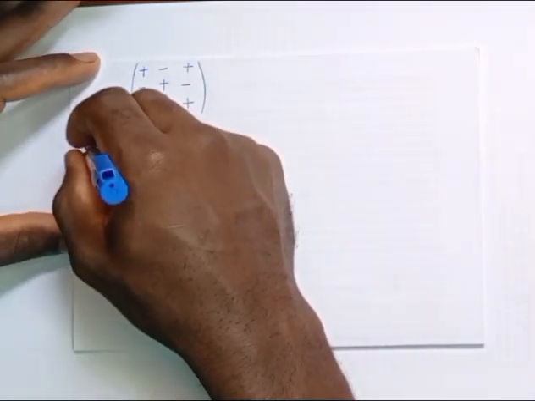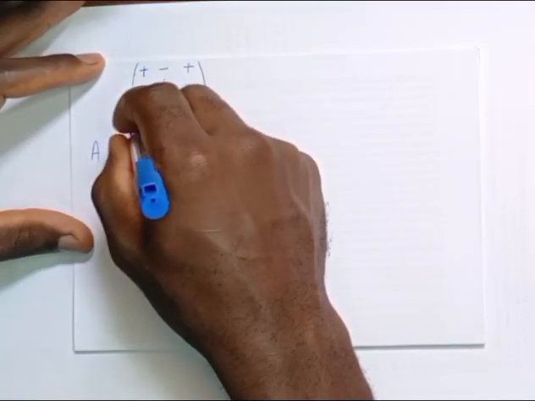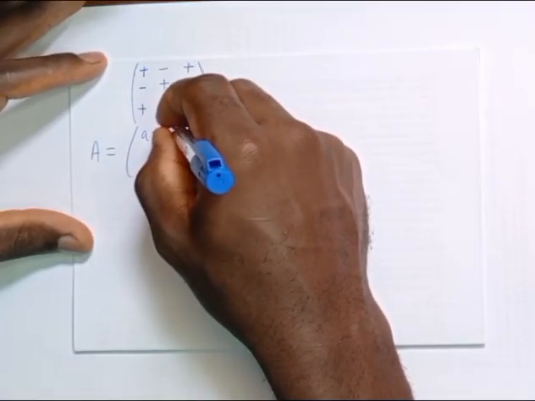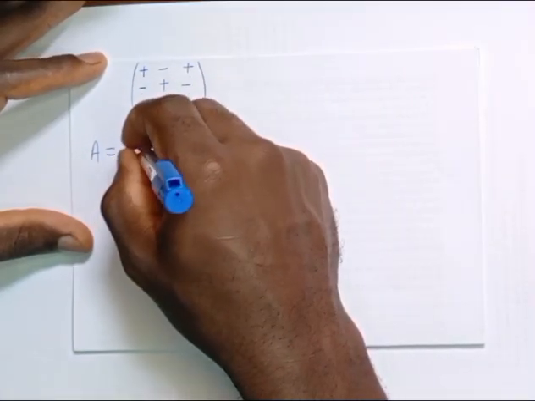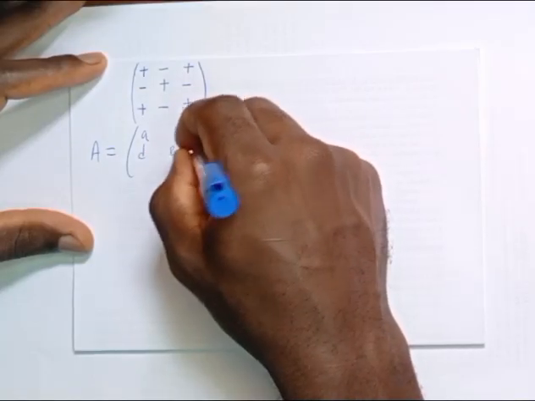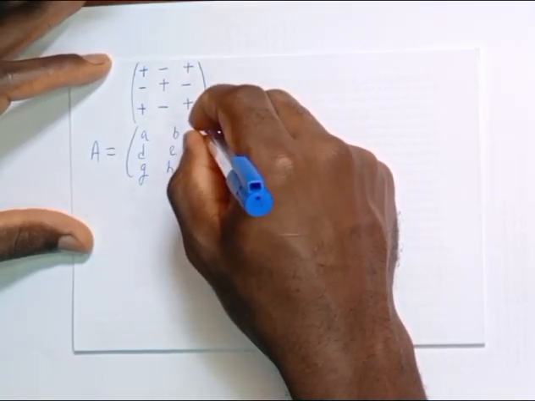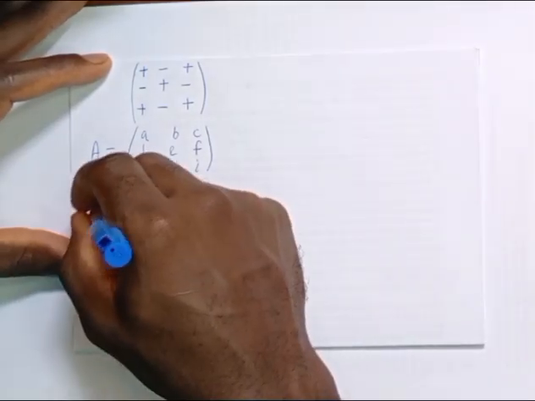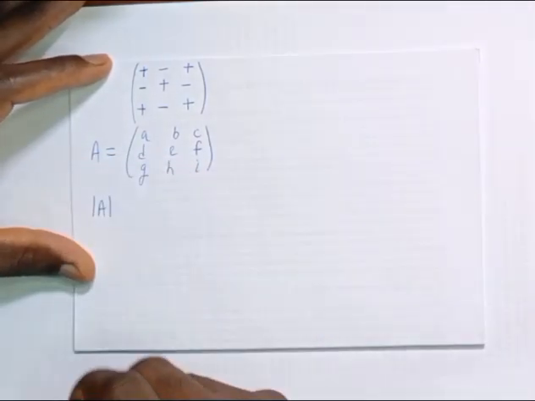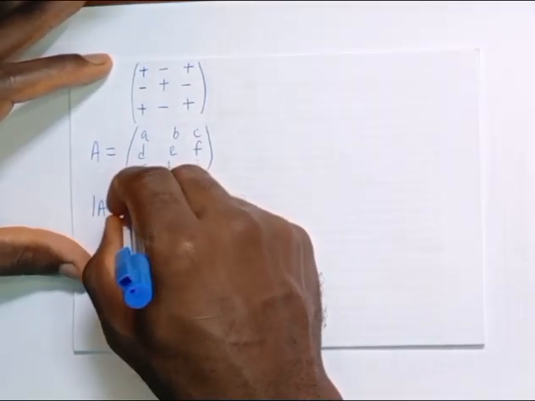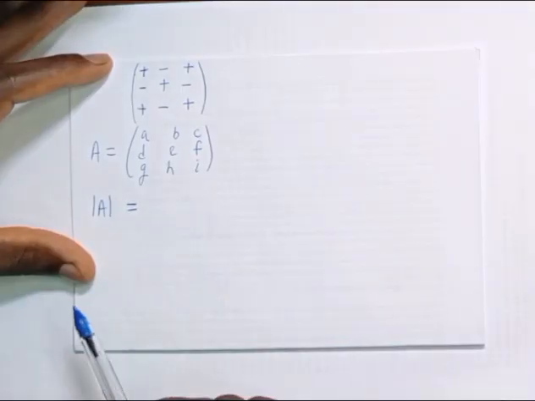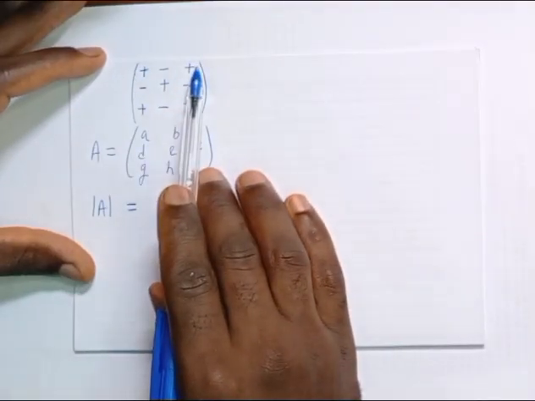Now, let's write down our matrix A, which is A, B, C, D, E, F, G, H, I. The determinant of this matrix A, which is a 3 by 3 matrix, is simply equal to, we are going to make good use of this sign rule you see here.